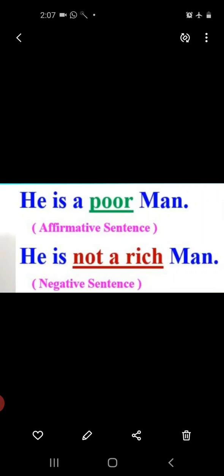What is given over there? Rich. And before using the antonym, we have used not. So, what is the sentence? He is not a rich man. It means he is a poor man. So, here we have transformed the sentence, but we have not changed the meaning.